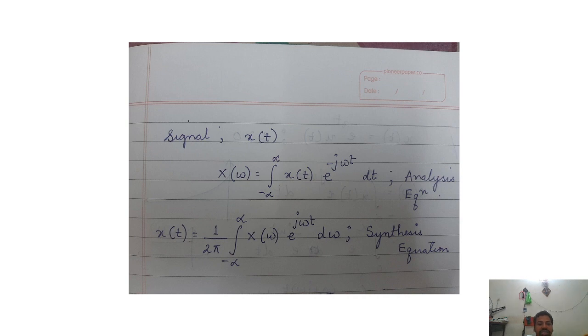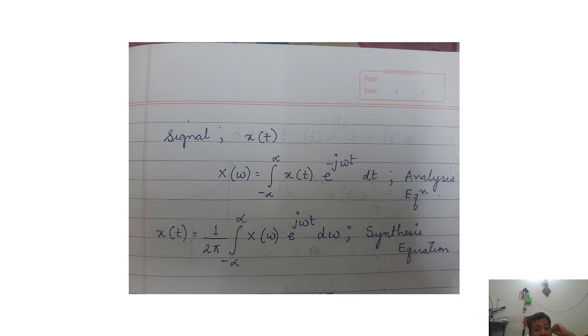So this is the mathematical interpretation of the Fourier transform. Let us consider we have a signal in the time domain, and let us denote this signal as x(t). Now, the Fourier transform, that is the frequency transformation of the signal, X(omega), can be defined as the integral from minus infinity to infinity of x(t) e^(-j omega t) dt.